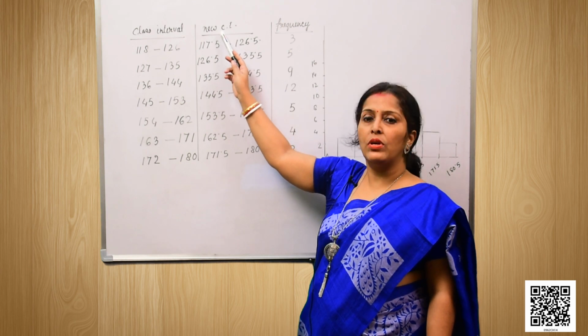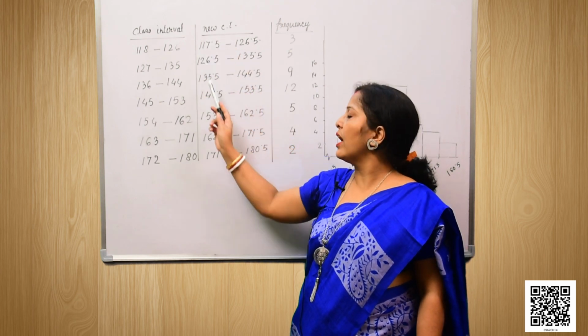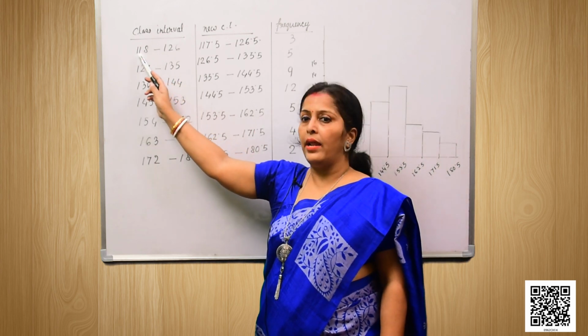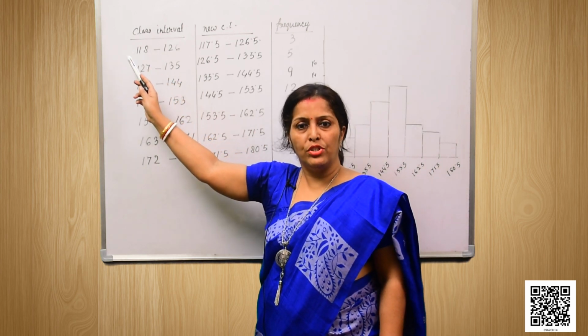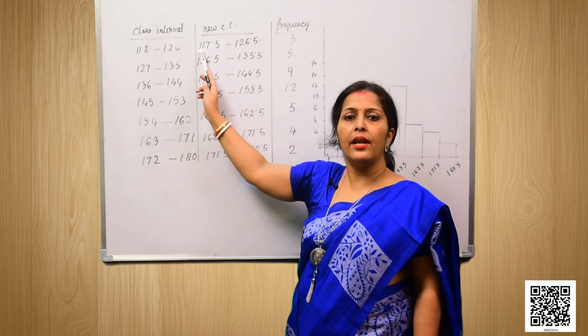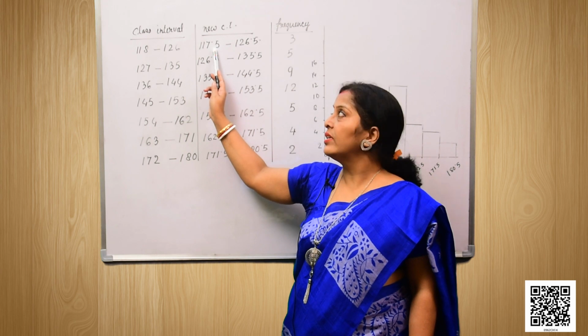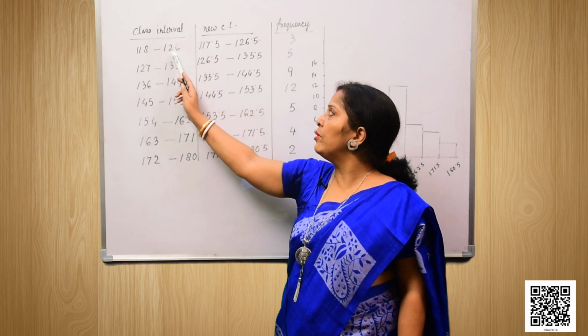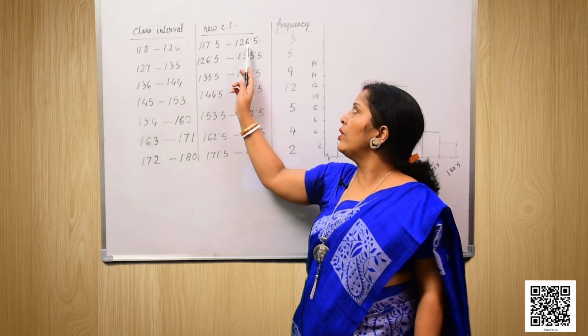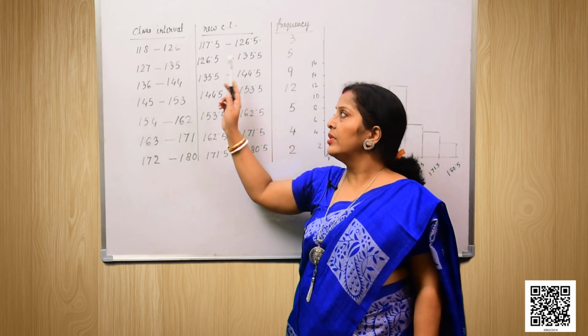So in our new class intervals, we have 118 minus 0.5, which gives the new lower limit as 117.5, and similarly 0.5 will be added to the upper limit, so it will be 126.5.